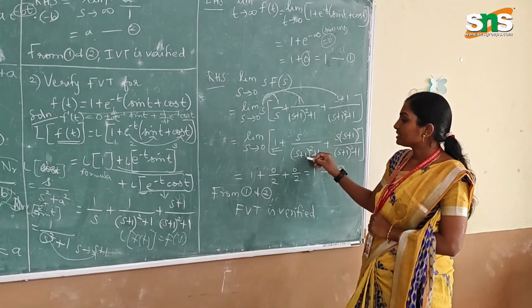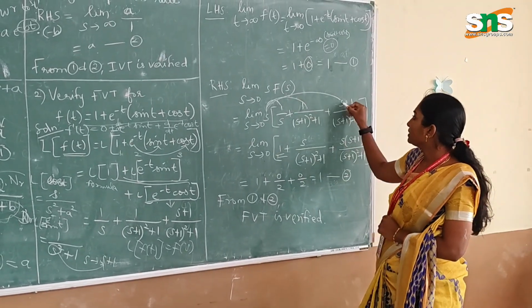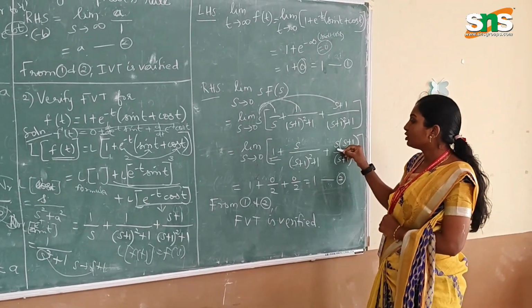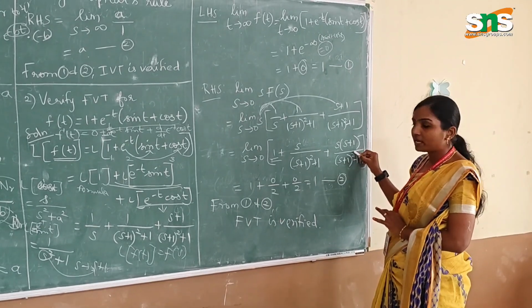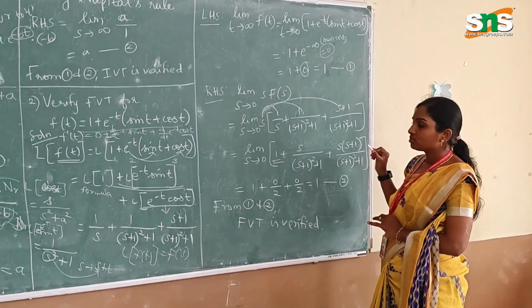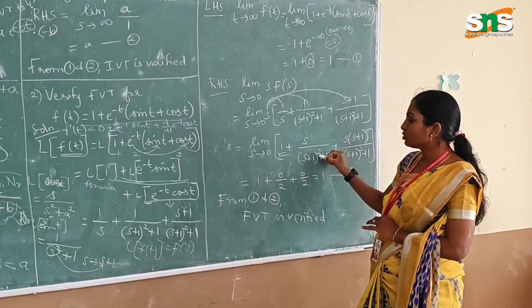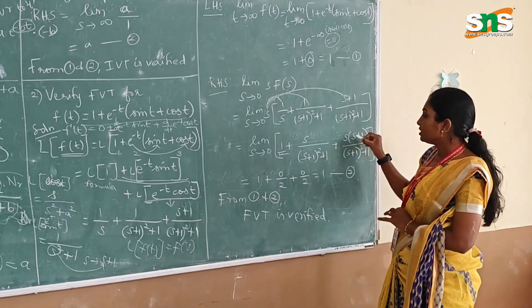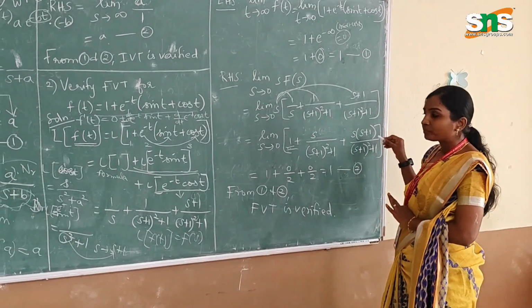So s by s plus 1 the whole square plus 1, plus this s will come here on the numerator, therefore s into s plus 1 divided by s plus 1 the whole square plus 1. So this is what we have: 1 plus s by s plus 1 the whole square plus 1 plus s into s plus 1 divided by s plus 1 the whole square plus 1.